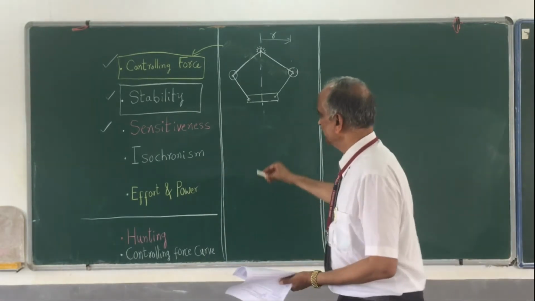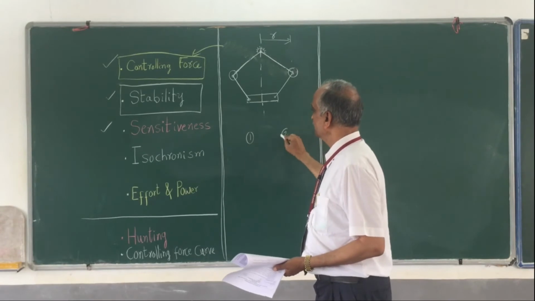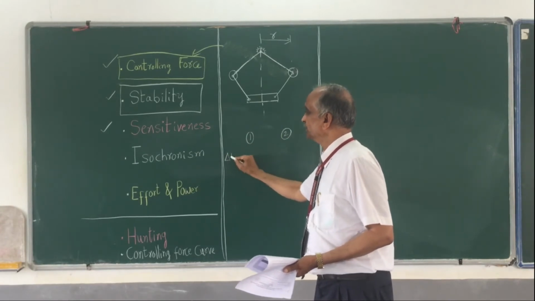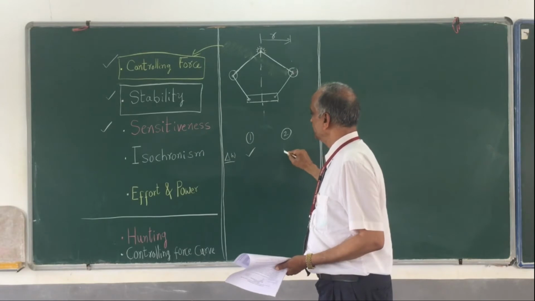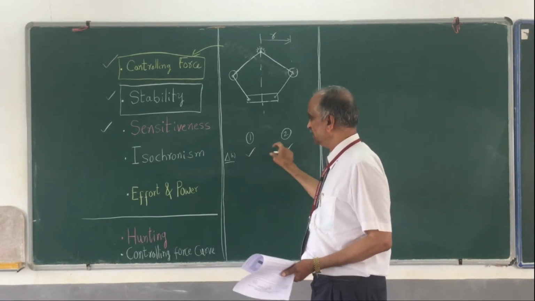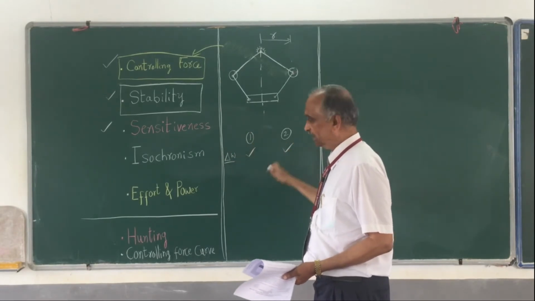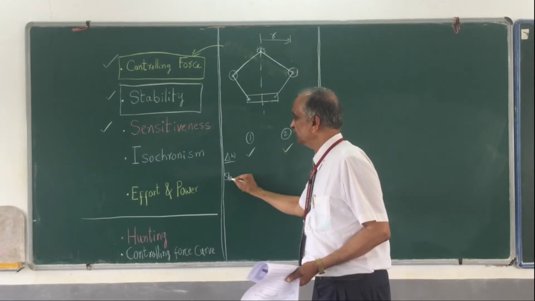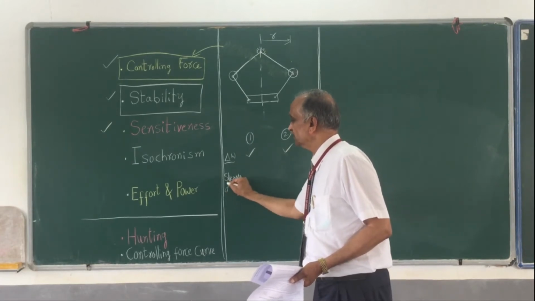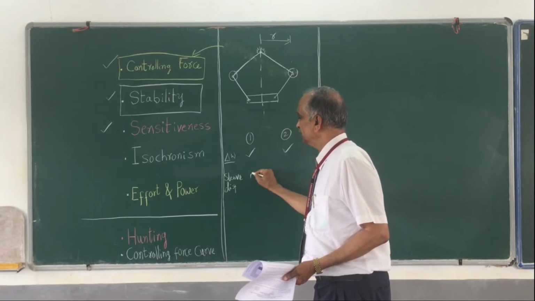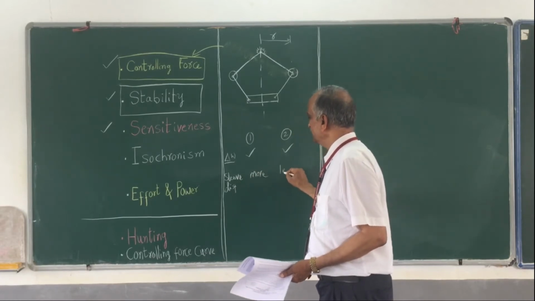Say I have governor 1 and governor 2. For the same delta omega in both, I find out the sleeve displacement. This is more here and less here.